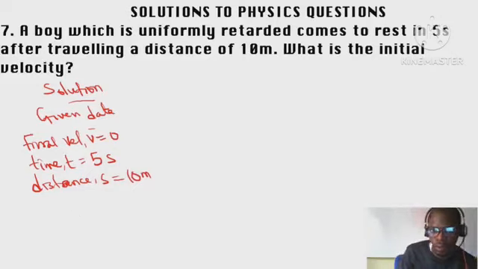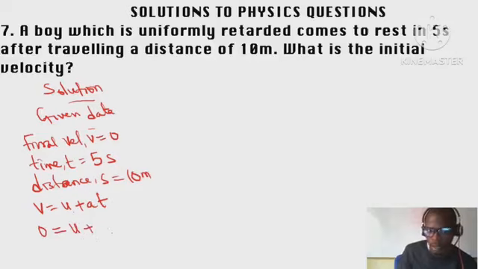Now we know from the equation of motion that v equals u plus at, and from here we can get the value for the acceleration. Although it's going to be in terms of the unknown variable. Now we have 0 equals u, which we don't know, plus a.